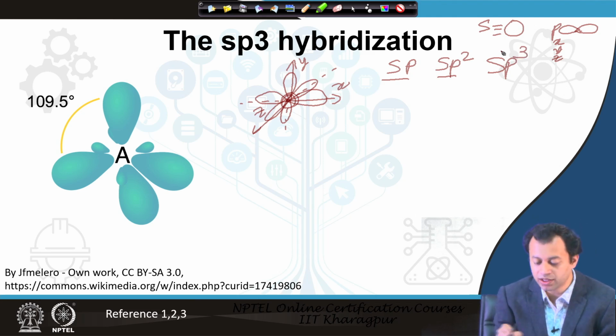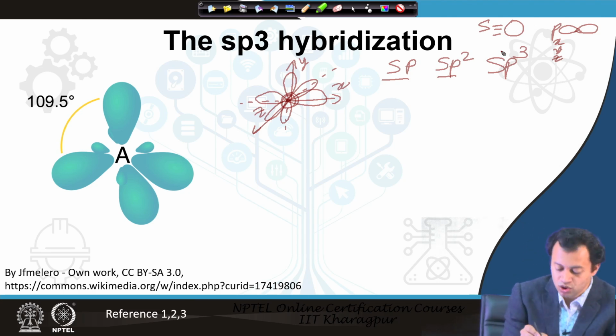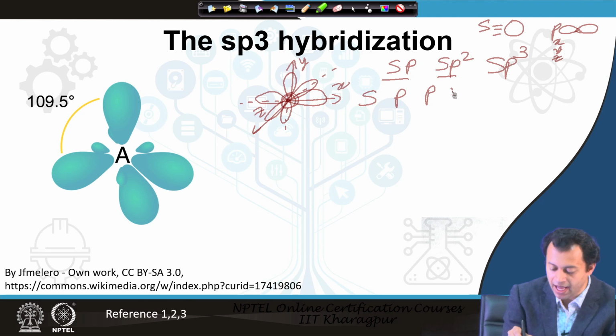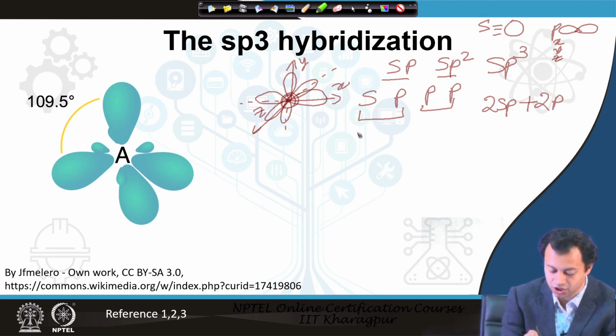Okay. All three are possible with carbon, and we see all of them happening. So, you have s, px, py and pz. When s and p merge together, we have 2 sp plus 2 p. These 2 p are separate, they have not been merged; s and p have merged.